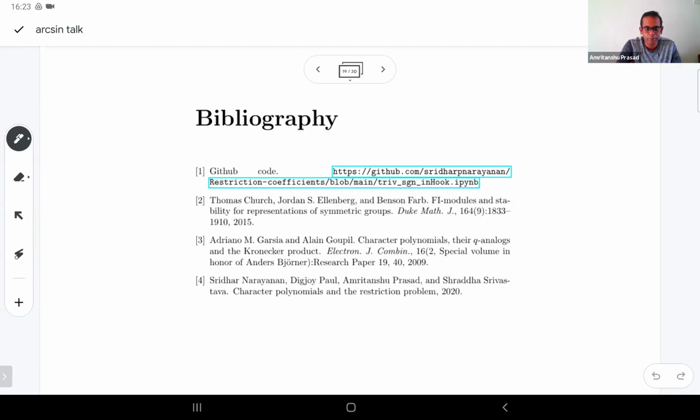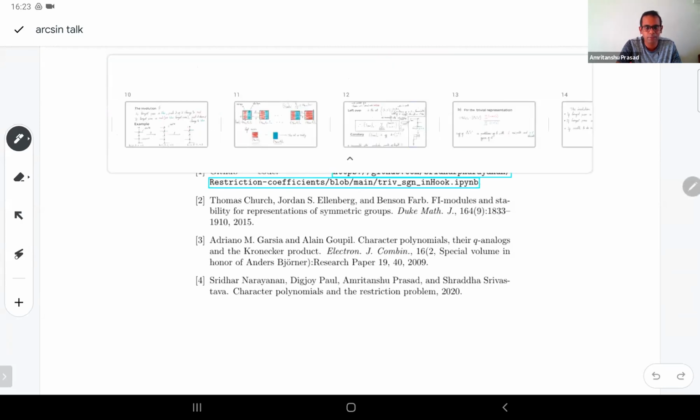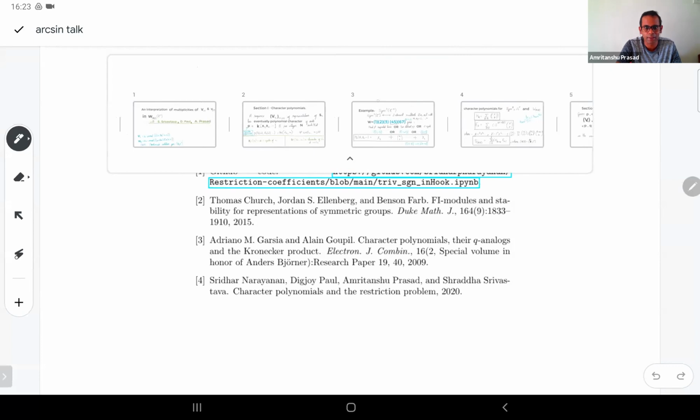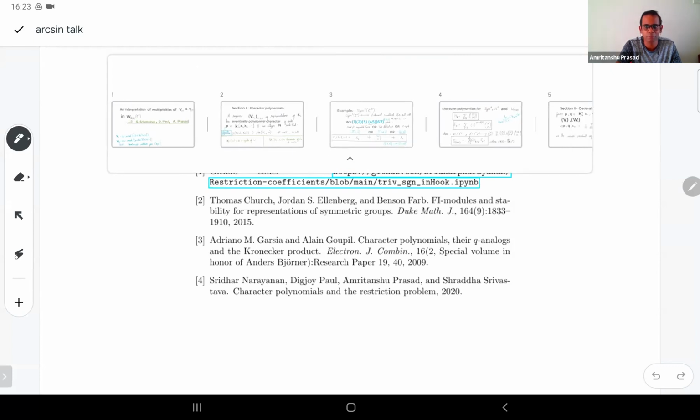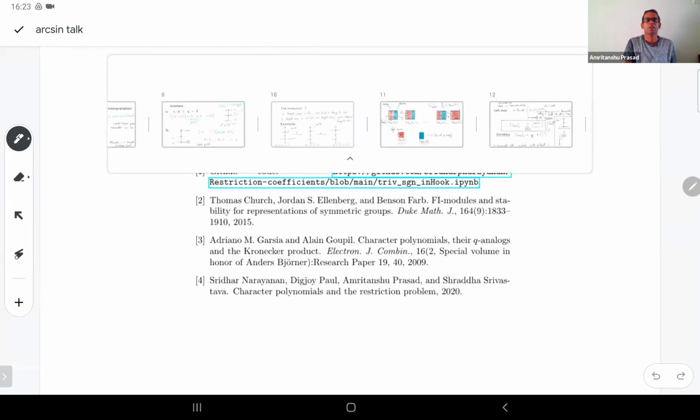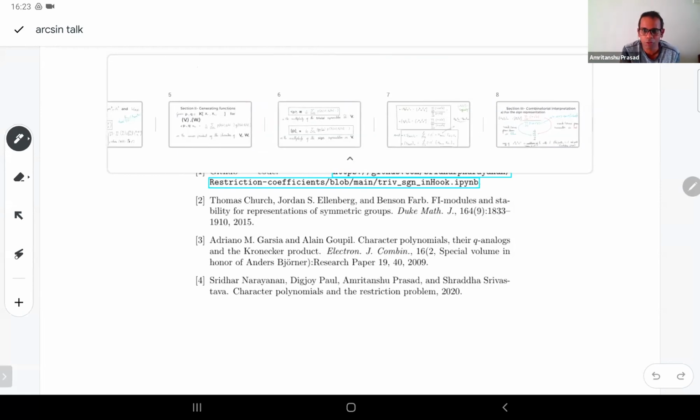Yes, Sridhar, I have a comment. In the beginning of your talk, I don't think you meant to say that, but it seemed like you were saying that these results are in this preprint, character polynomial in the restriction problem. However, only the formula for the multiplicity of the trivial representation as a generating function is in that paper. None of the involutions and nothing about the sign representation is in that paper.